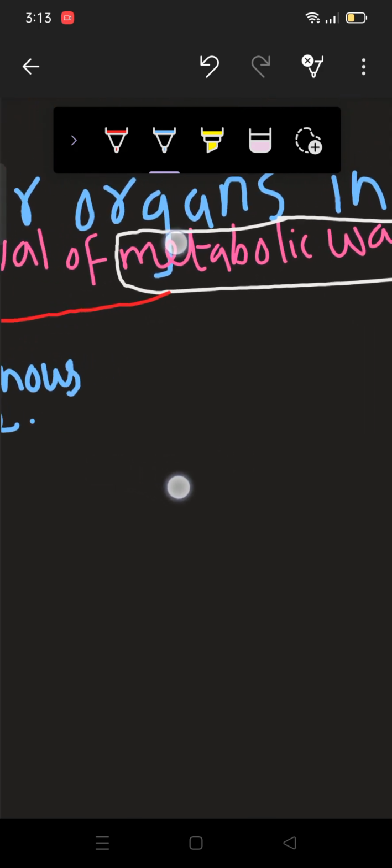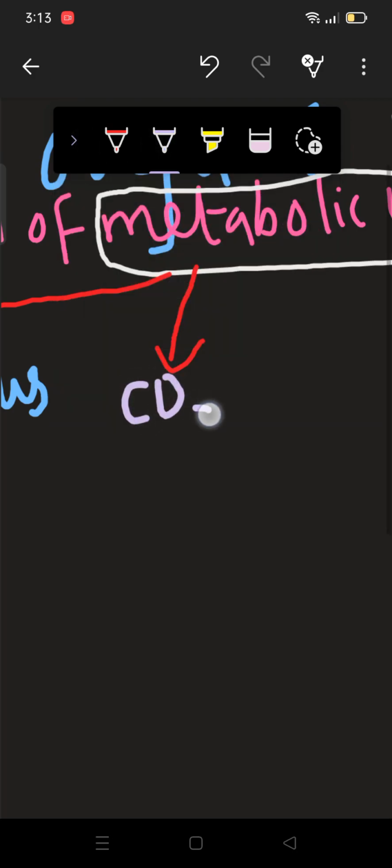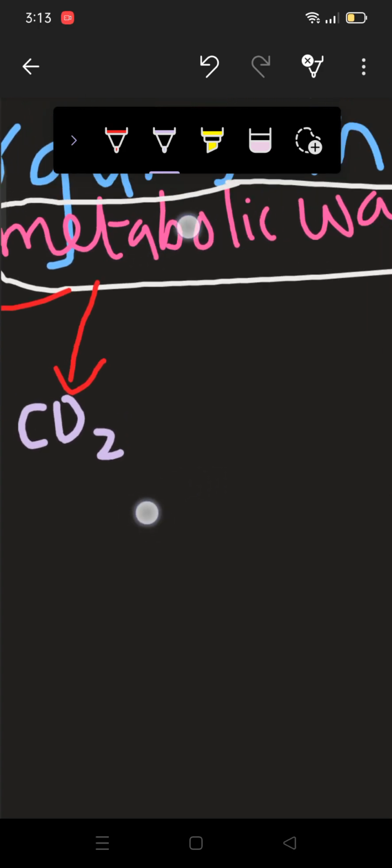Second, we have carbon dioxide, which is also a metabolic waste, produced in the process of respiration, when you breathe.